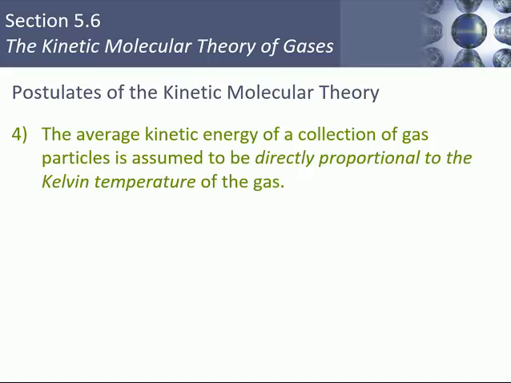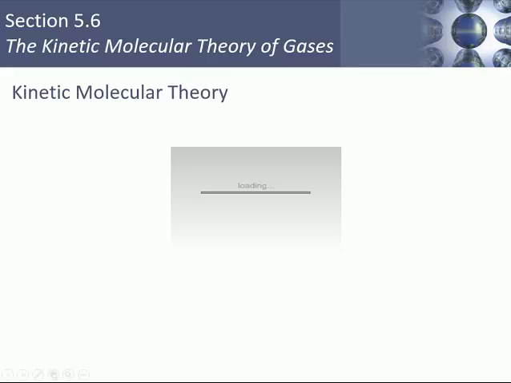If I give you Fahrenheit or Celsius, you have to convert it into Kelvin because we're talking about the kinetic molecular theory here. That's what the Kelvin scale is designed to do, to help you talk about movement, the average kinetic energy of a particular object. By definition, they are directly proportional.